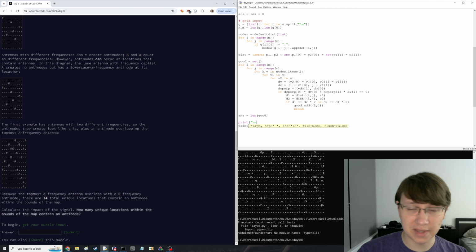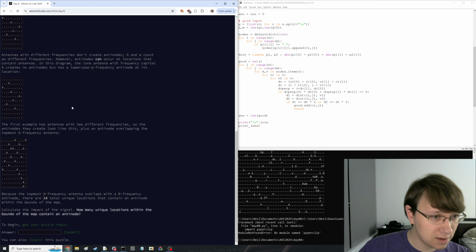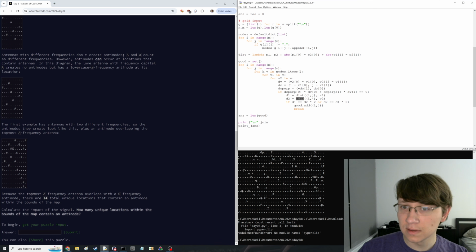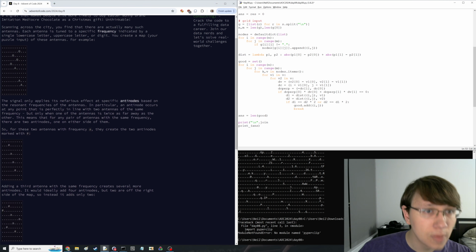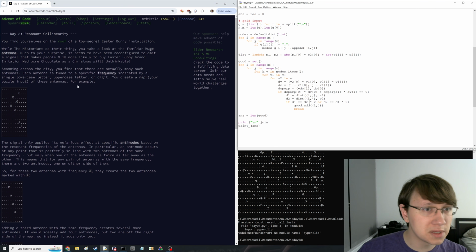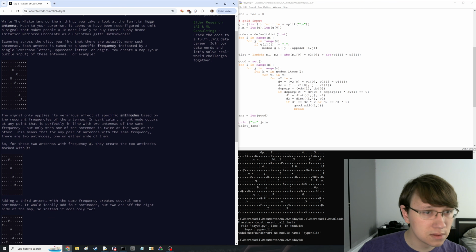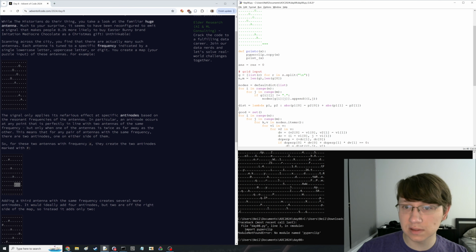Now it's time to print out a plus, an antenna overlapping the topmost A frequency antenna. Let me reread the double the distance thing. Perfectly in line with two antennas of the same frequency, only when one of the antennas is twice as far away as the other. Oh, this is not L1 distance, it's L2 distance.